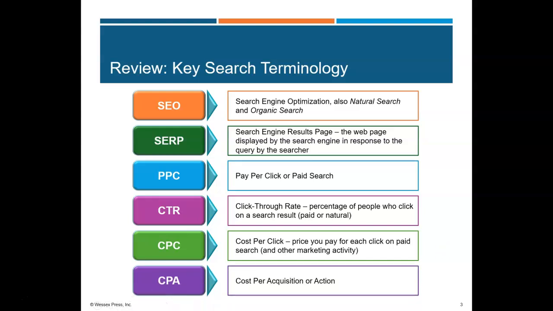CPA is cost per acquisition or action. And these were in Unit 2, so if you need to review them again, you can go over them. But just to reiterate what cost per acquisition is, it's a marketing metric or measurement that measures the total cost of a customer completing a specific action.